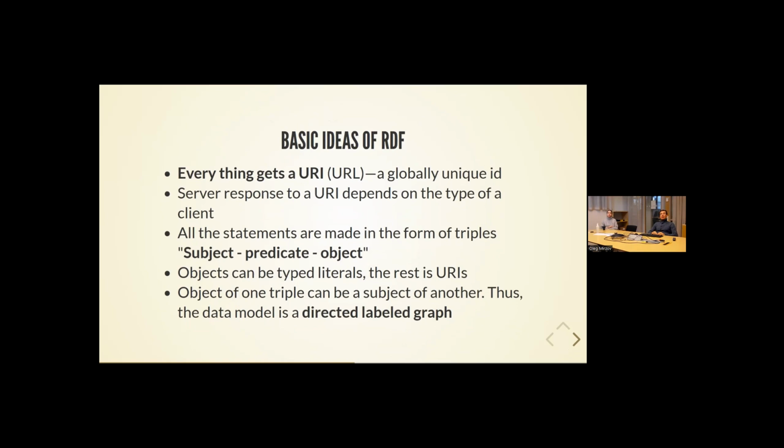The key ideas are very simple, actually. So everything gets a URI. All the notions are represented with some real URI or a real URL in our case. So there is a URL for a station, a URL for a person, for an instrument, for a data object, and so on and so on.